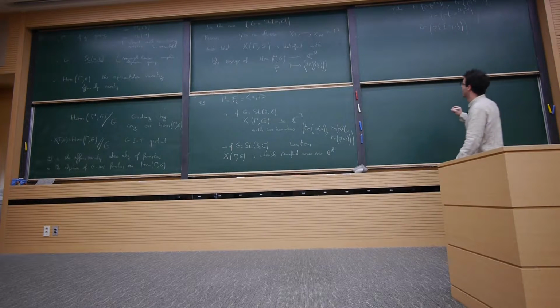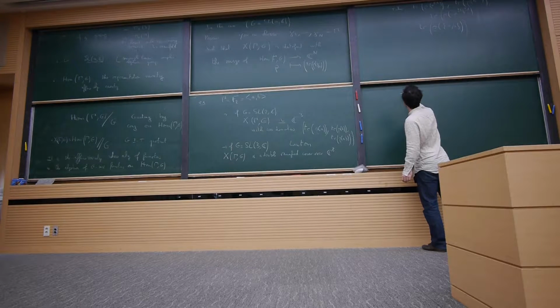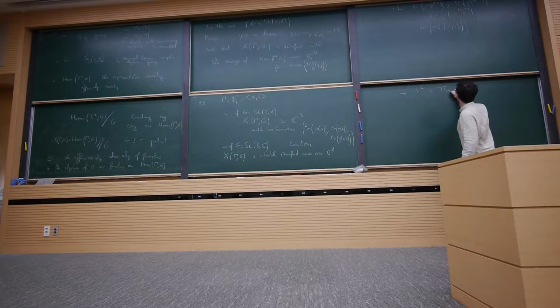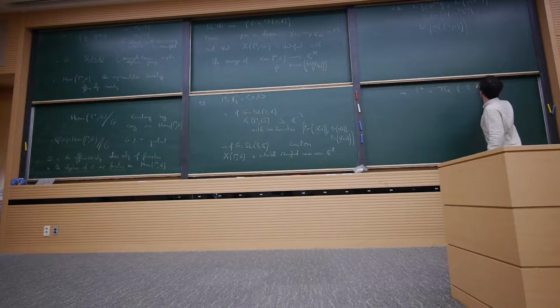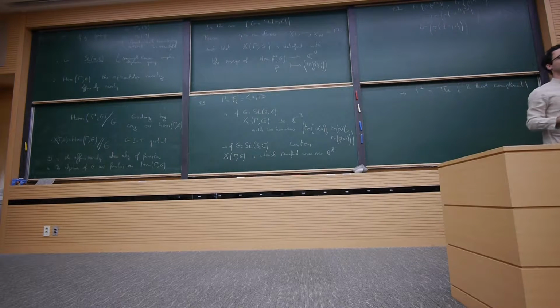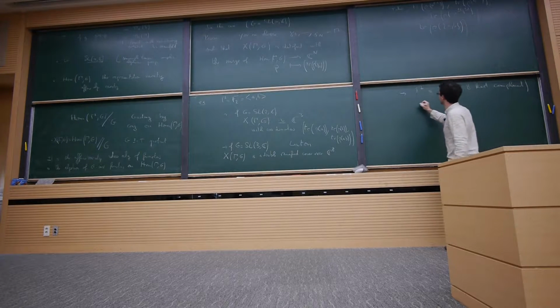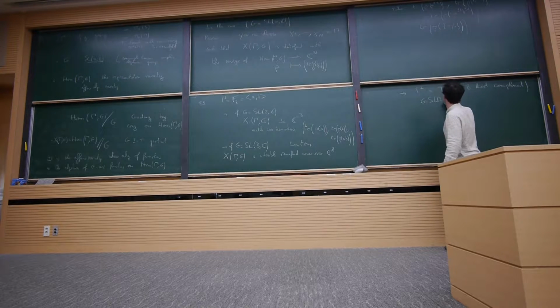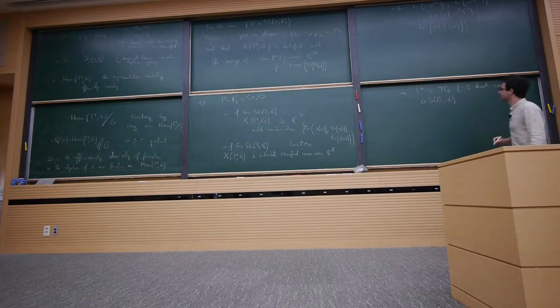So if you take the fundamental group of the figure-eight knot complement, you can compute the character variety for SL2, and you will find 2 components.